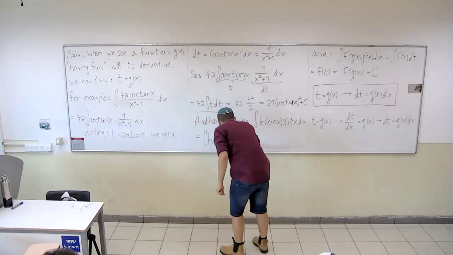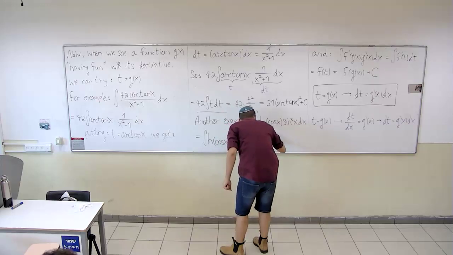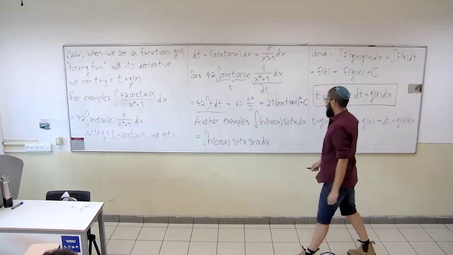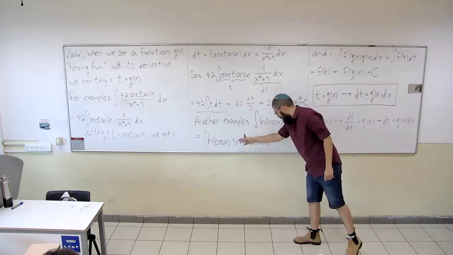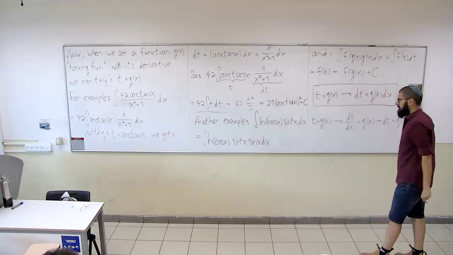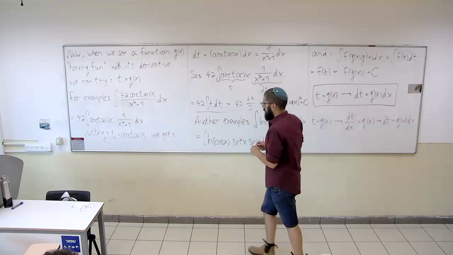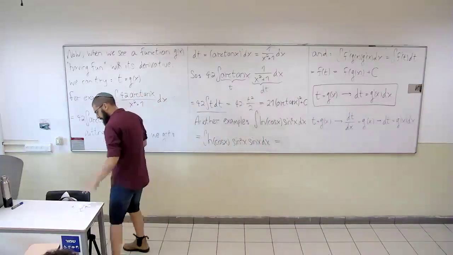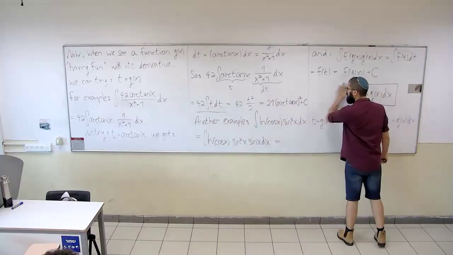I think it was called nefarious or something like that. It's not a 100% fit. Instead of sine to the 3, you can write sine times sine squared. And here we have in mind t is cosine x, and then dt will be sine x dx.